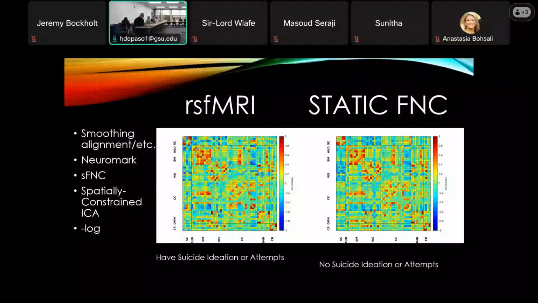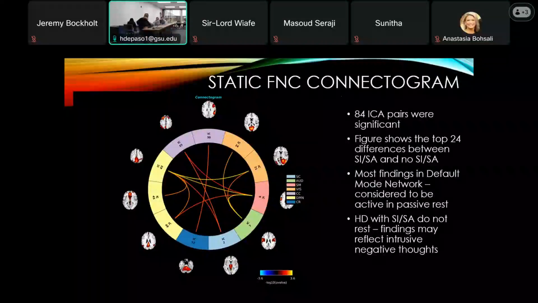I think the bottom is the contrast you want, suicide ideation versus no suicide ideation, right? They're all static FNCs. Yes. So go to the next slide. I had some issues with PowerPoint, sorry. No, it's fine, I understand now.